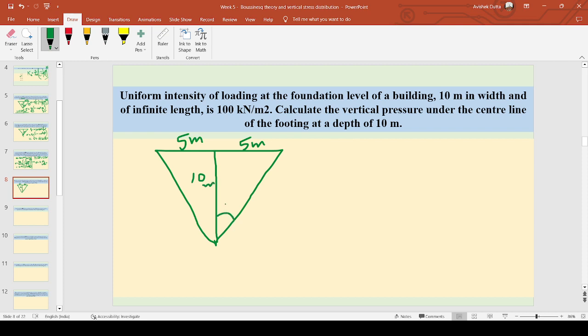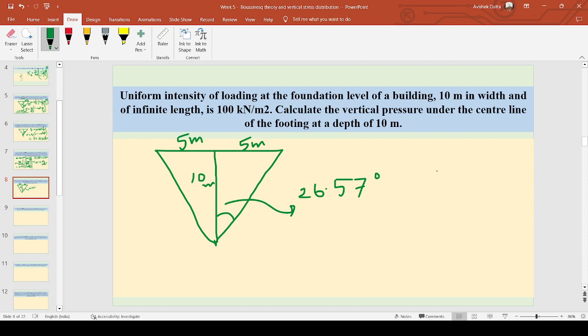The angle will be equal to 26.57 degree. Using simple trigonometry, 5 by 10, tan theta equals to perpendicular by base. We get the value of this angle as 26.57 degree.